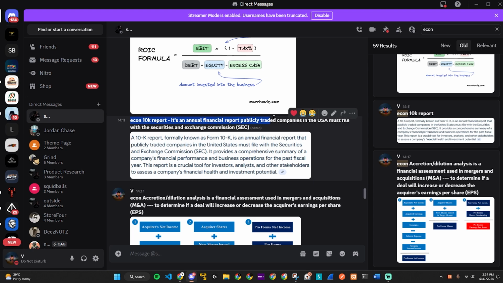So a 10K report is an annual financial report that publicly traded companies in the USA must file with the Securities and Exchange Commission.